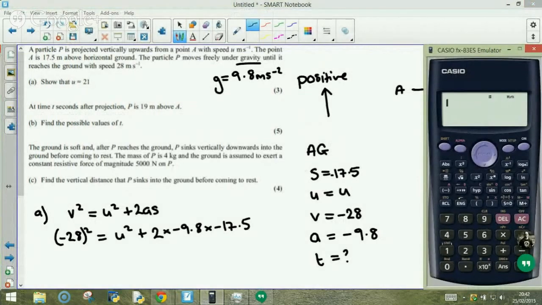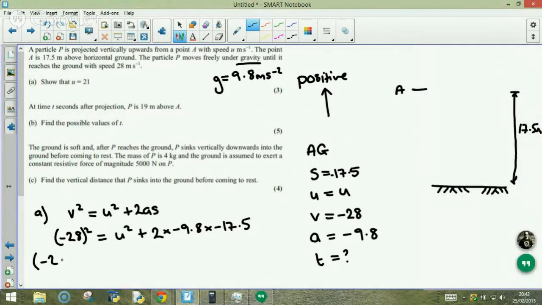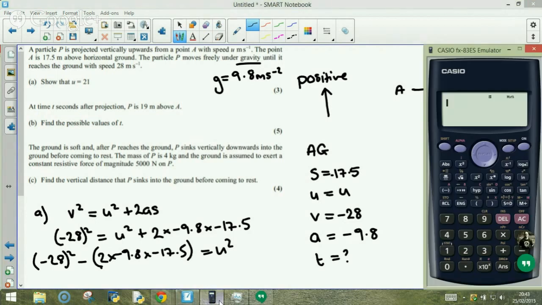Right, let's put all the relevant information in. So I'll just do a quick bit of rearranging, and if I take everything else away from this side, minus 28 squared, and then minus 2 times minus 9.8 times minus 17.5, and that'll be all equal to U squared. Note, I've put that in brackets so I can keep it the same as I'm taking it away. It could get complicated with the negatives. So off we go.